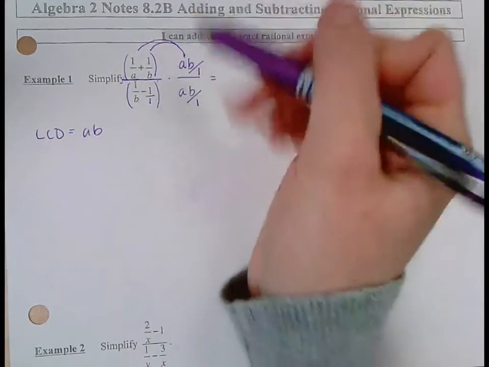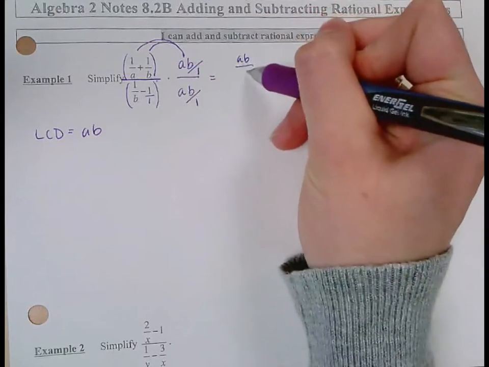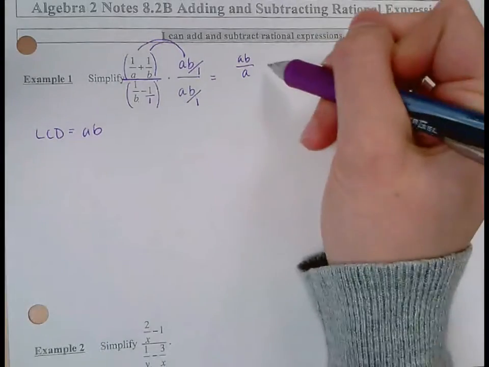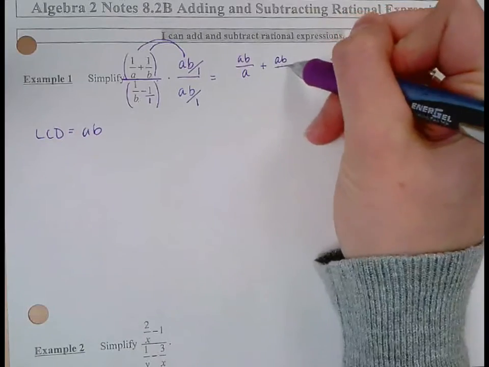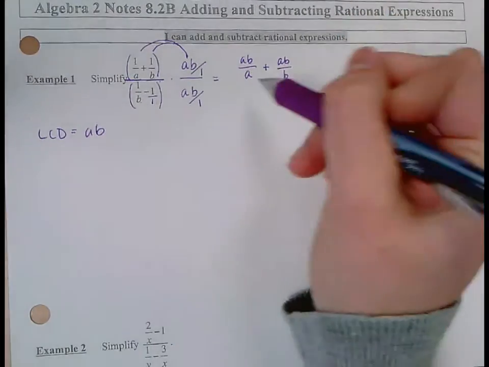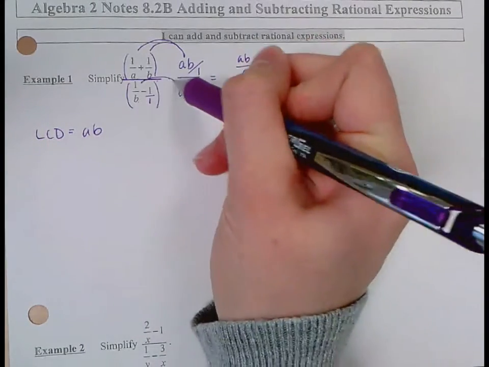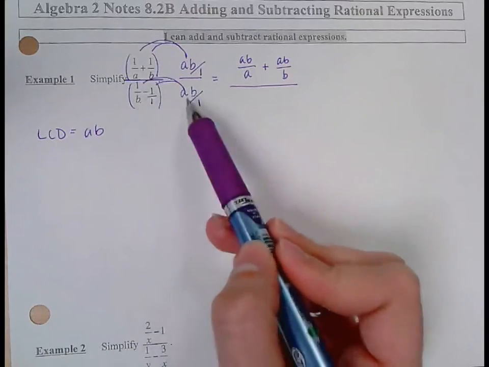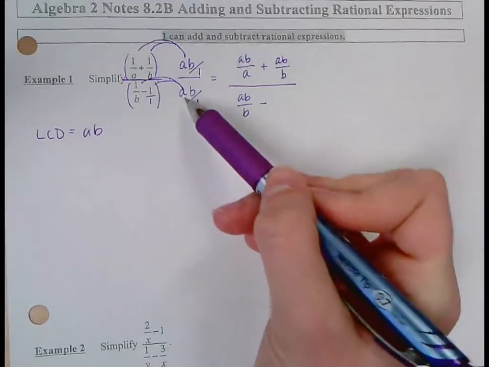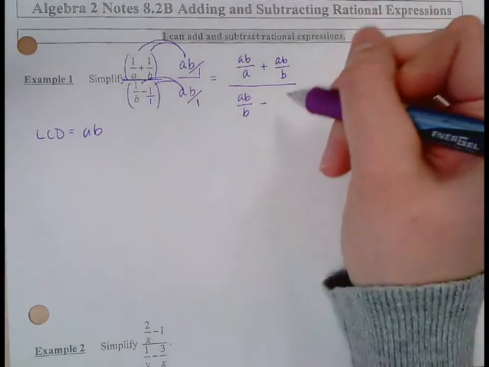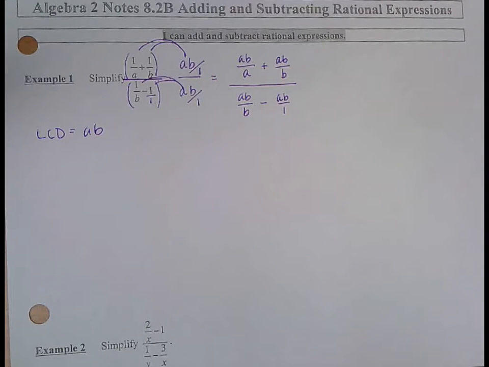So the top will become, if I multiply AB times 1 over A, AB over A. And then if I multiply AB by 1 over B, I have AB over B. And then on the bottom, I can distribute AB as well. So I have 1 over B times AB, so AB over B. And then minus AB times 1, which would be just AB, or if you wanted to write it as AB over 1, you could.